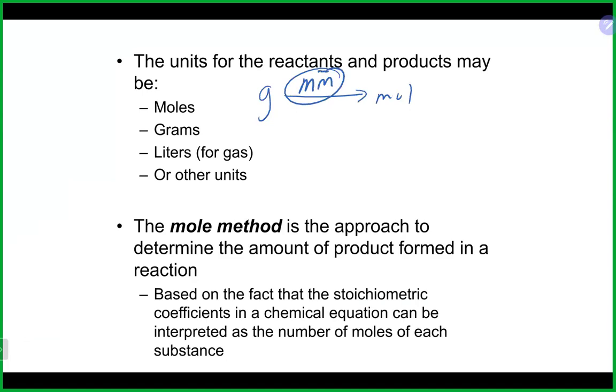By the way, on the back end of these calculations, you'll have things in moles that will oftentimes be needed converted to grams, which would also be the molar mass as well. So that kind of grams to moles, moles to grams calculations that we just were doing are very common calculations done in these type of problems. And we use, again, that mole method, which is basically simply just the balanced coefficients represent the moles of whatever it's in front of in the equation.